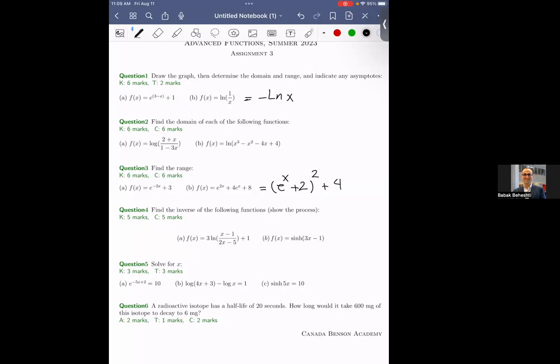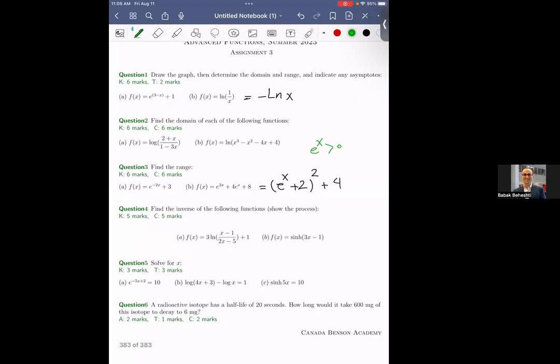No, not exactly. Because remember that e^x is always positive. So e^x is positive. That means e^x + 2 is bigger than 2, right?